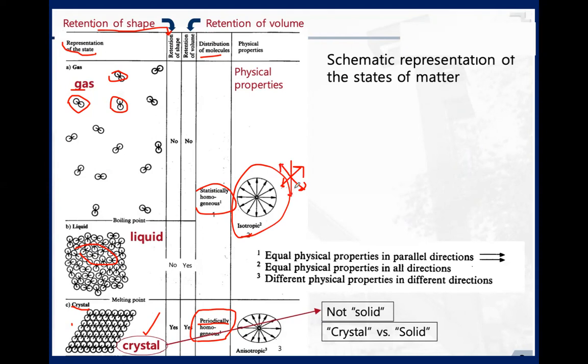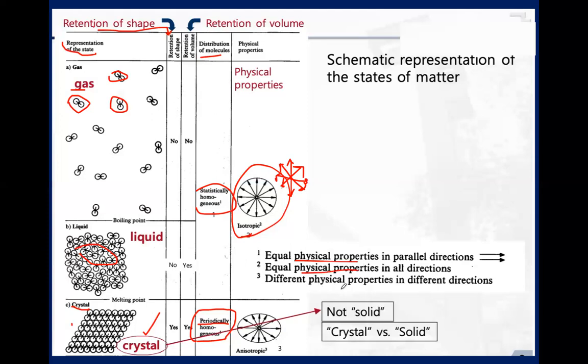So this is what we call the isotropic nature of matter. Properties are equal in all directions, especially the physical properties, okay?